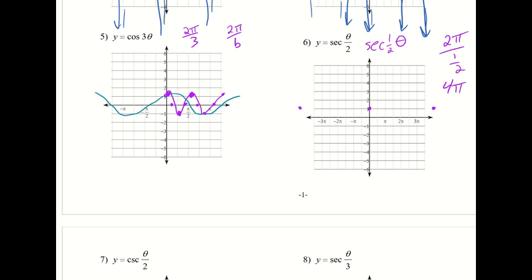So halfway between two maximums, we have a minimum. So we'll have a minimum at 2 pi, a minimum at negative 2 pi. Halfway between the minimum and the maximum, we will have a 0. So our cosine will look like this. So this is cosine of theta over 2.